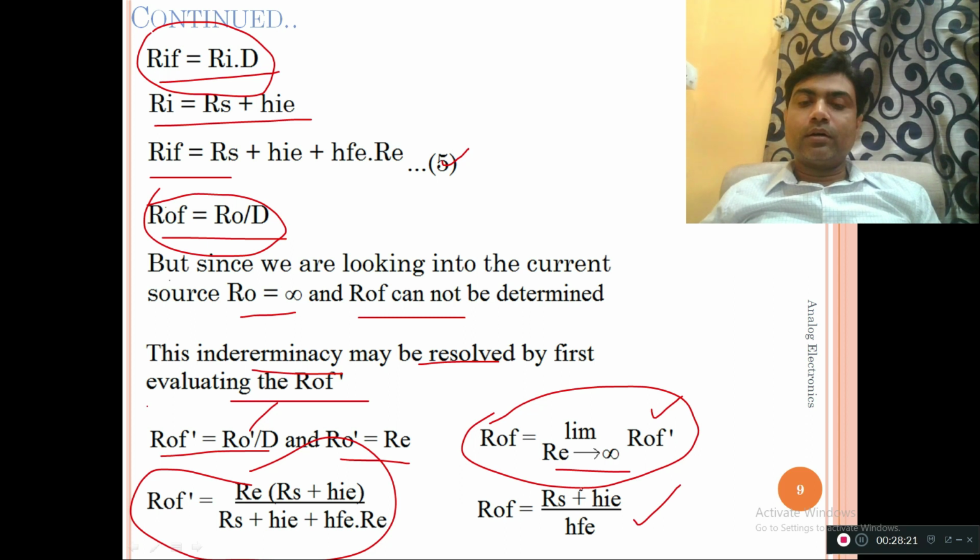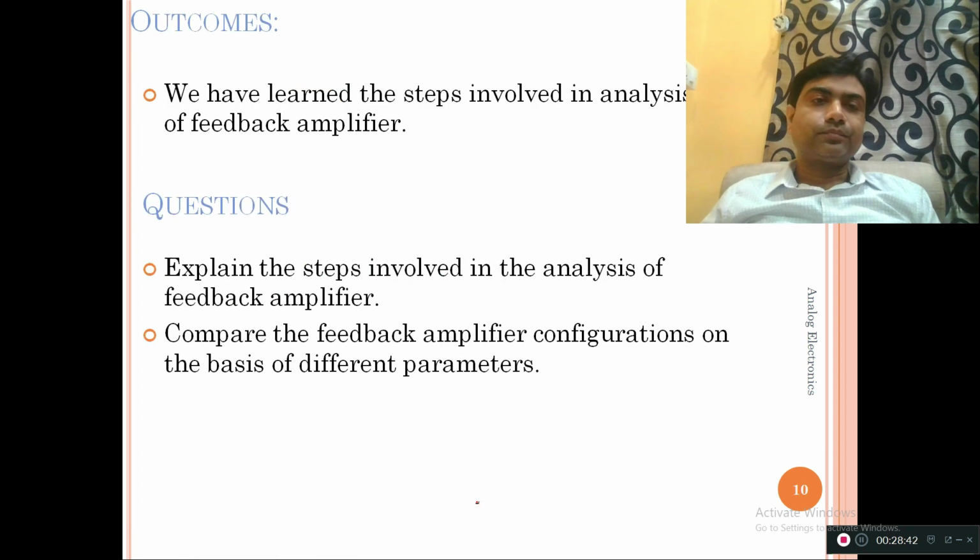And when you are determining this value, follow the principle of zero and pole. Then only you can determine the value of the ROF. So this is how we have discussed the calculation of AVF, RIF and ROF, and we have seen how we can determine the different values by knowing the individual values.